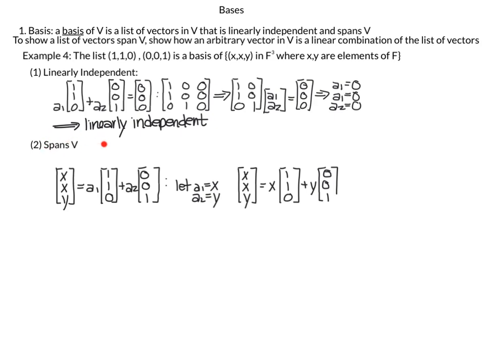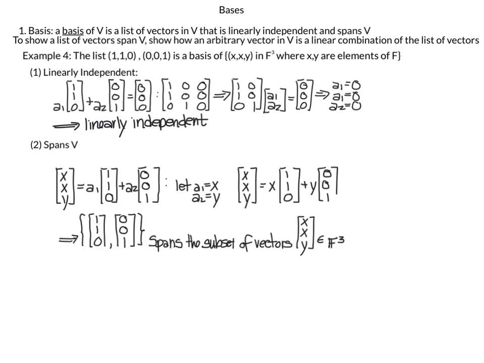To show that we span the vectors (x, x, y), we're going to set our representative element (x, x, y) equal to a coefficient times (1, 1, 0) plus a scalar coefficient times our second vector (0, 0, 1). You can put this in matrix form and row reduce it, but it's kind of easy to see: if you make a1 equal to x and a2 equal to y, you get (x, x, y) equal to x times (1, 1, 0) plus y times (0, 0, 1).